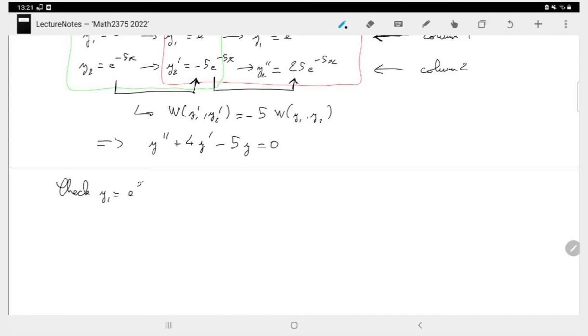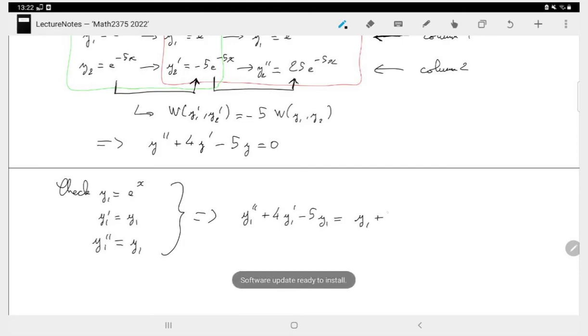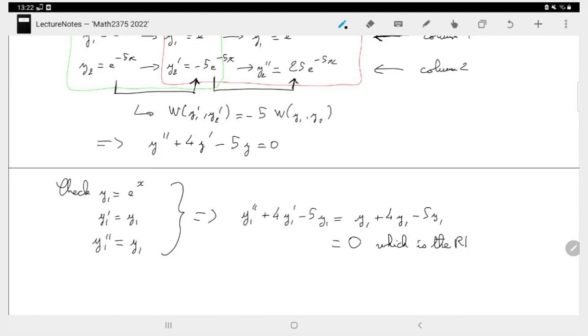y1 equals e to the x. The key thing to notice here is that y1 prime is e to the x, which is also y1, and that y1 double prime is also going to be y1. So when we replace in our original equation, we get y1 plus 4y1 minus 5y1, and that is equal to 0, which is the right-hand side.